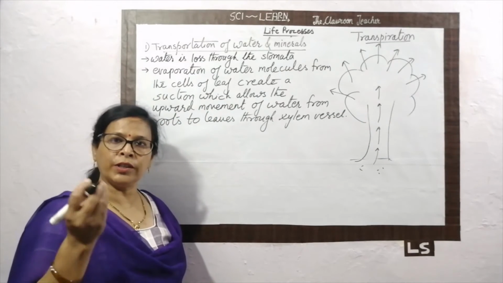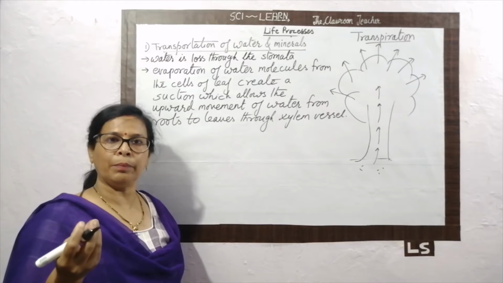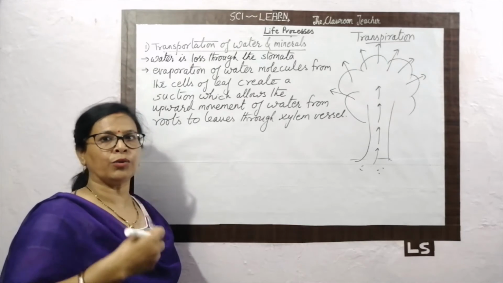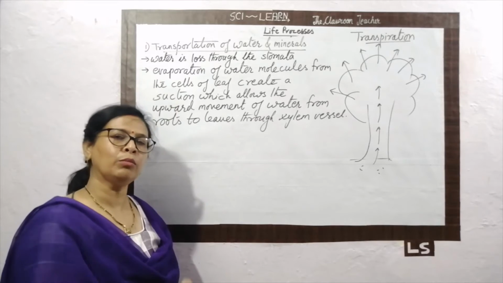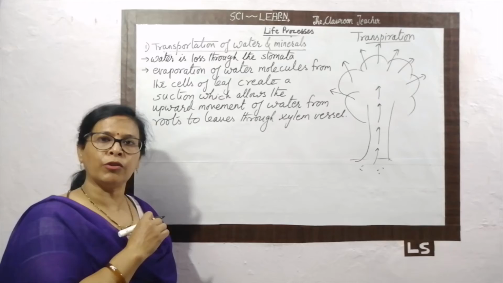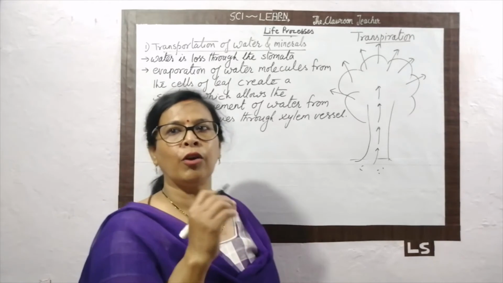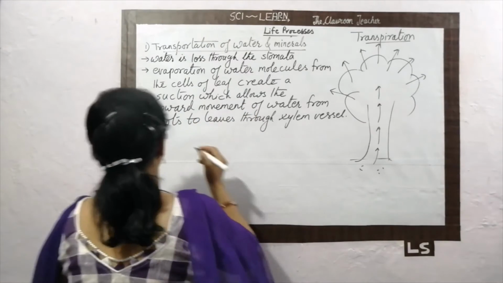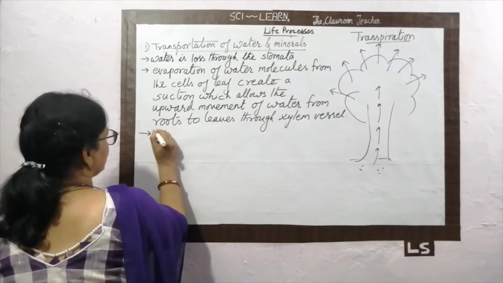When a large amount of water is evaporated out, then what happens? The xylem vessel gets more suction force, due to which the water lifts upward from roots to leaves. The loss of water in the form of water vapor from the aerial part of the plant is known as transpiration. This is a very important definition.